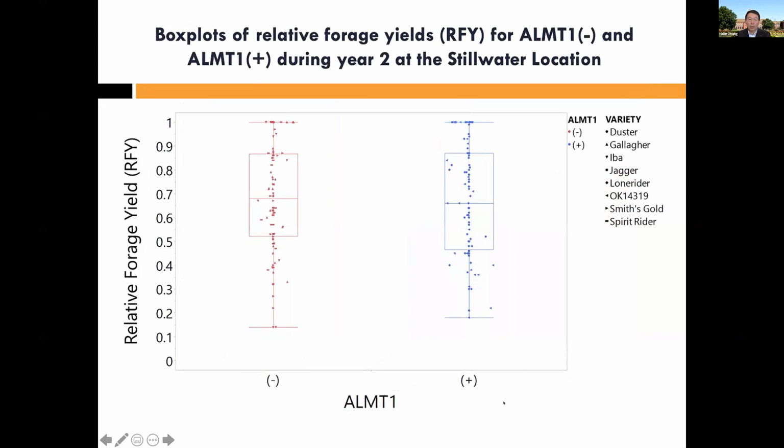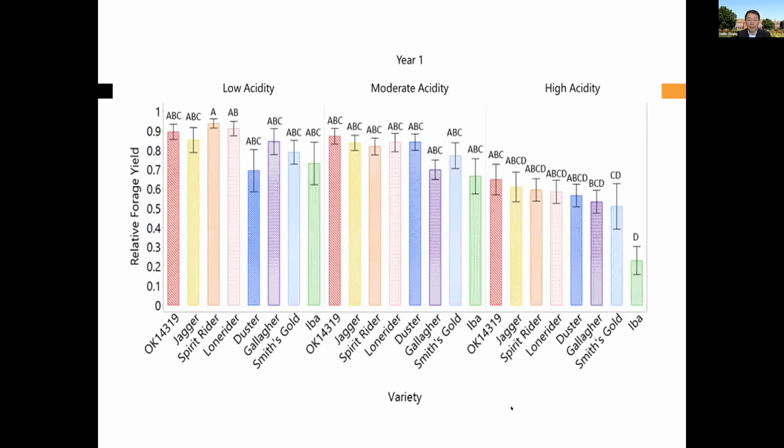Okay, here is a box plot to further confirm that. We put all the data together. The median is right here, and this one is for the cultivars without those genes, and they're pretty much the same. They were not very different, okay? So how do they compare in terms of tolerance?